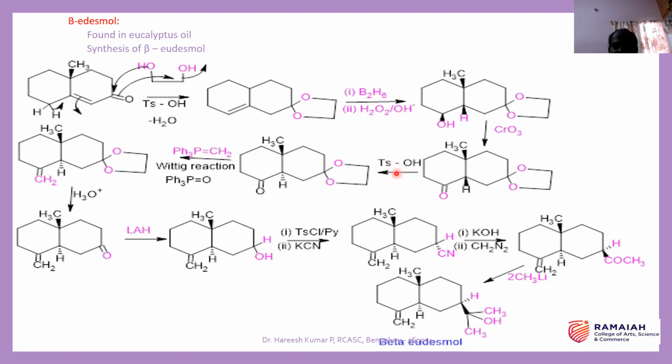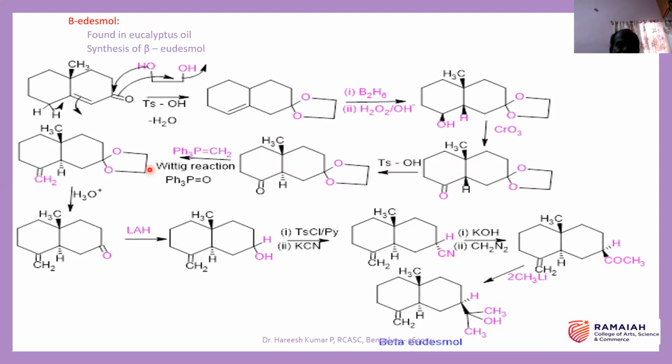This is possible just by treating with an acid source called para-toluene sulfonic acid. This is TsOH, CH3C6H4SO3H, which is conveniently represented as TsOH. Then the cis ring junction is converted into trans ring junction.